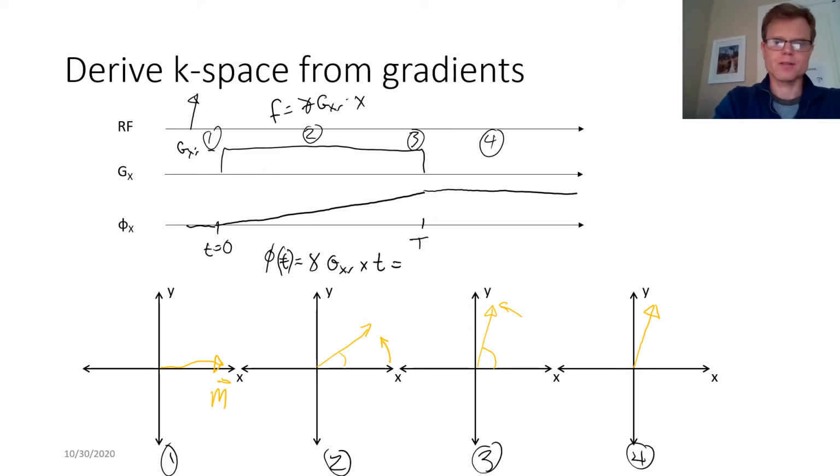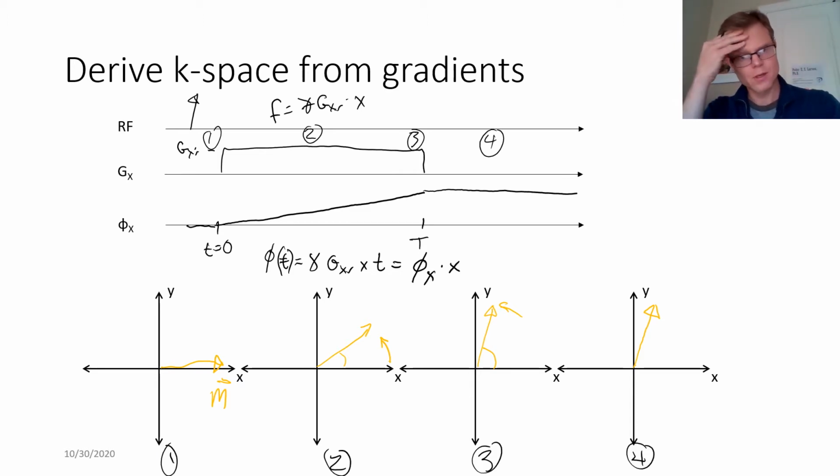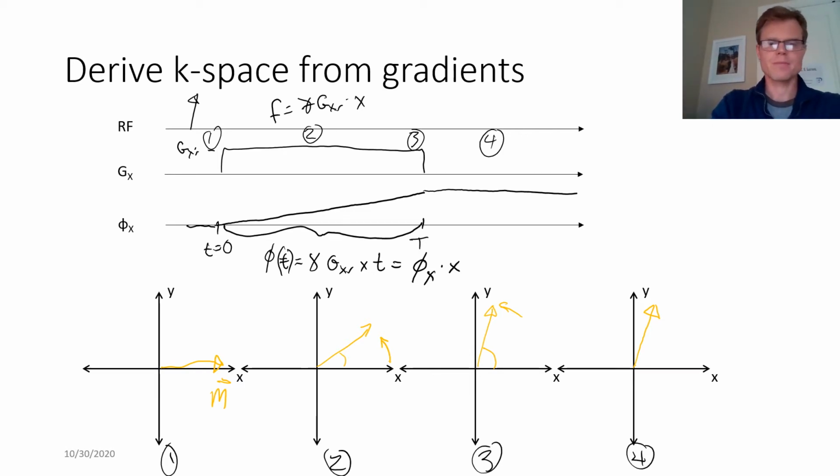I'm going to define this to be this, generally this phi x times the x position here. We know that it's going to vary linearly as a function of x. And this only applies, remember, during this interval.